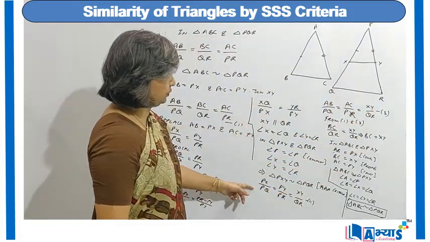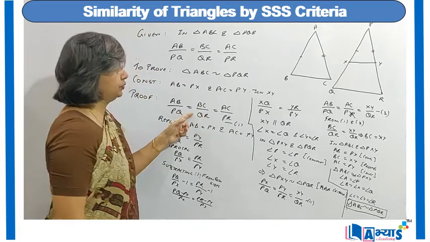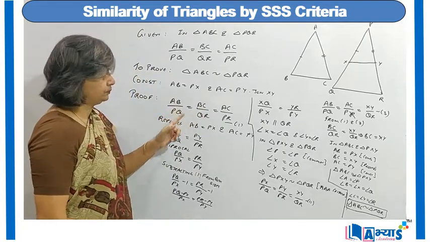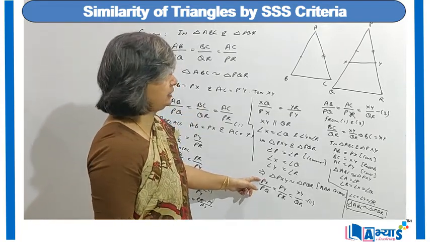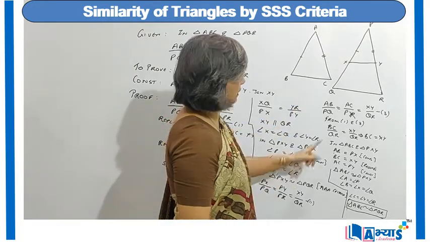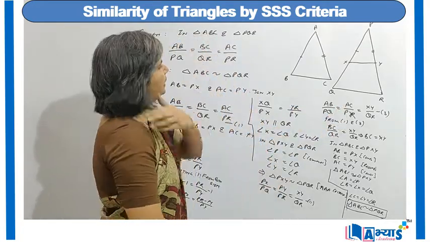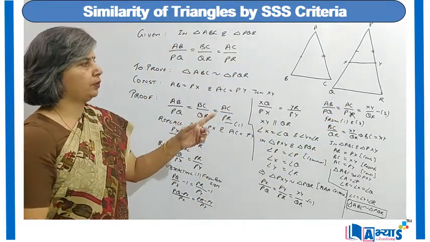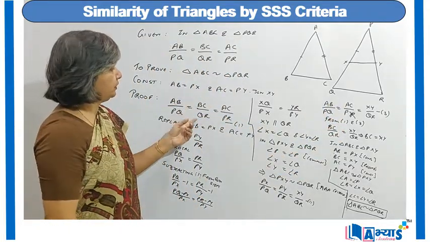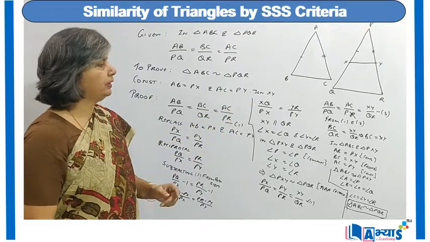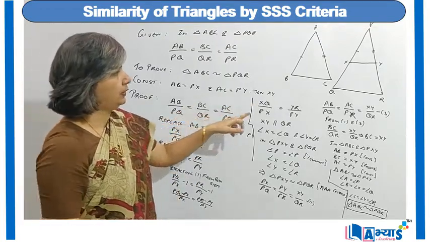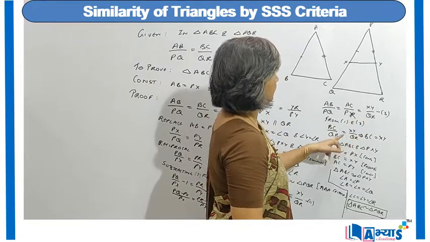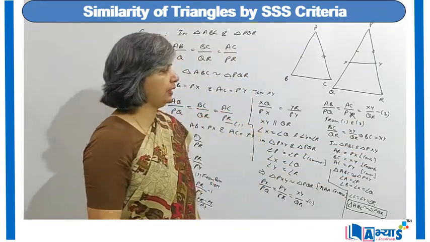So from this ratio and comparing it with the first ratio, because we can replace PX with AB and PY with AC, we get AB upon PQ is equal to AC upon PR is equal to XY upon QR. From equation 1 and equation 3, we get BC upon QR is equal to XY upon QR. So we can say that BC is equal to XY.